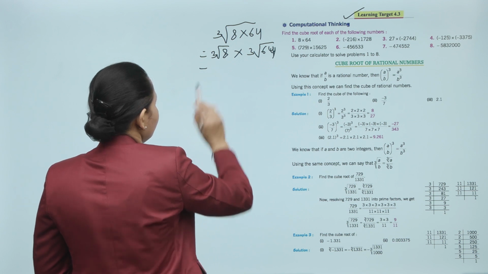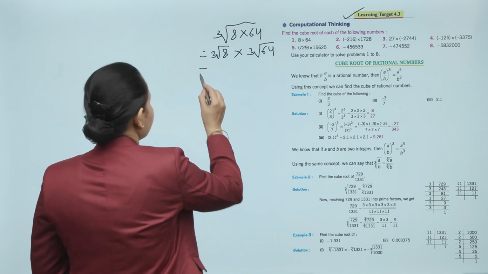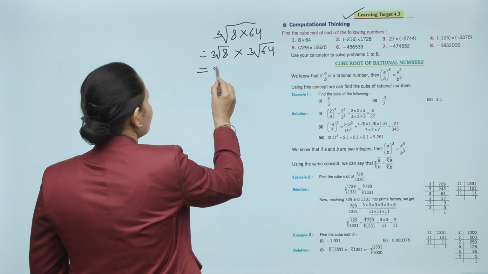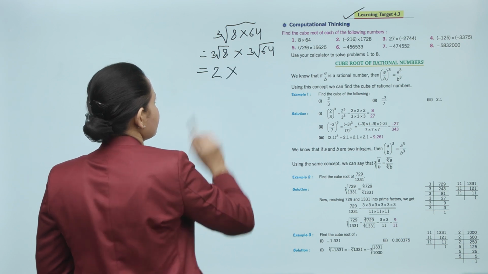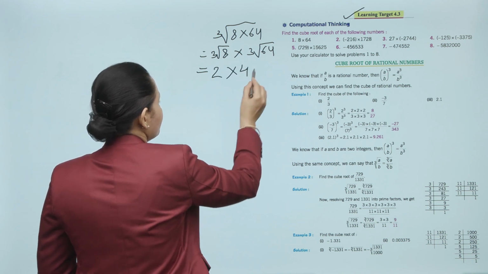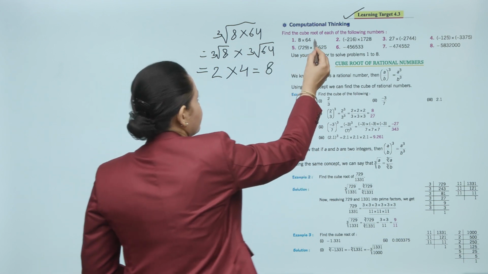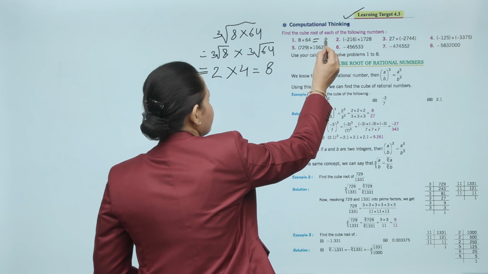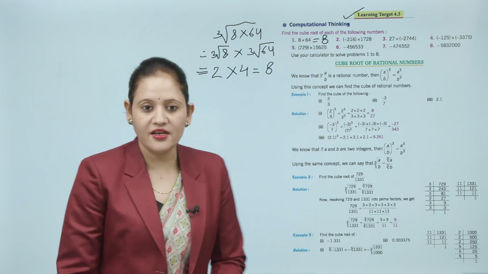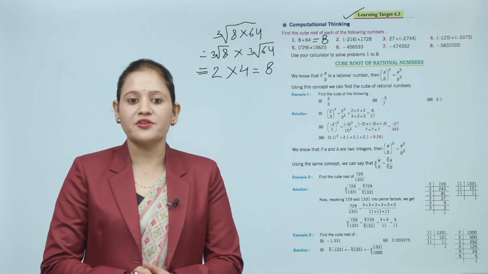Cube root of 8 is equal to 2 and cube root of 64 is equal to 4. So our answer is 4 into 2, that is 8. Clear? You have to practice all other questions.